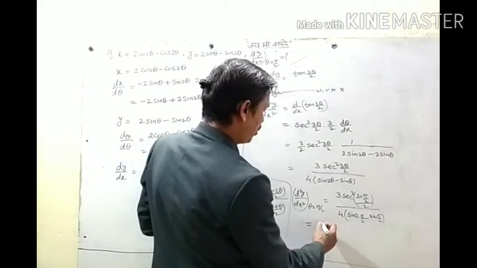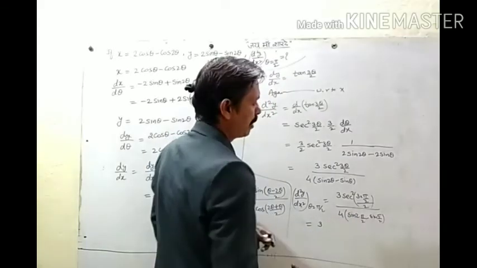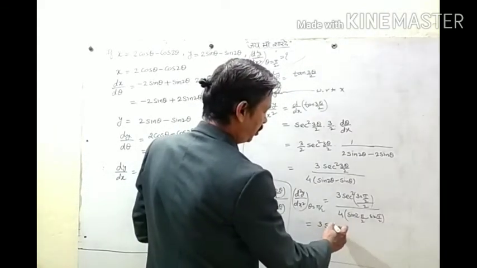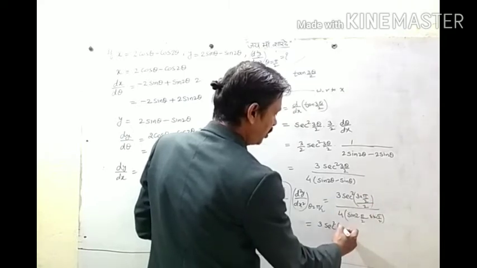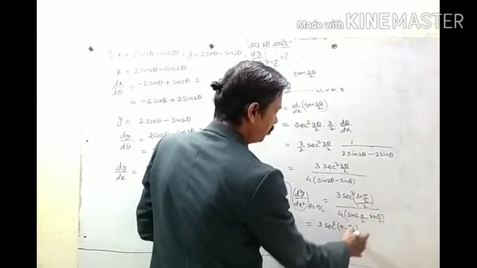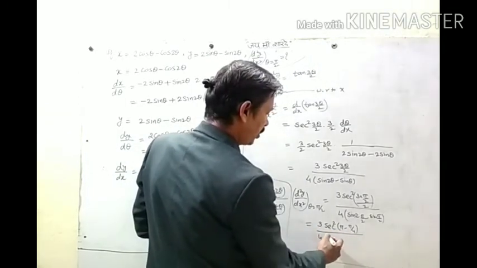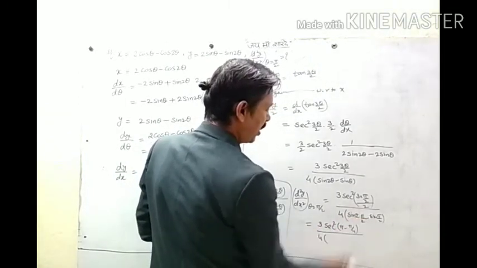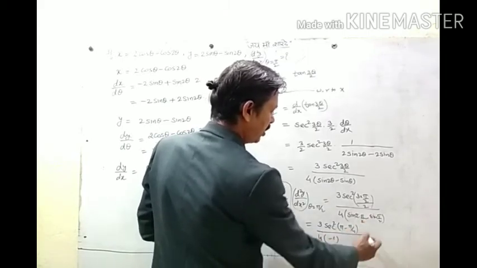So it is equal to 3 sec square 3 pi by 4 upon 4 times (sin pi minus sin pi by 2). Sec 3 pi by 4 you can write as sec of pi minus pi by 4. The value of sin pi is 0 and sin pi by 2 is 1.